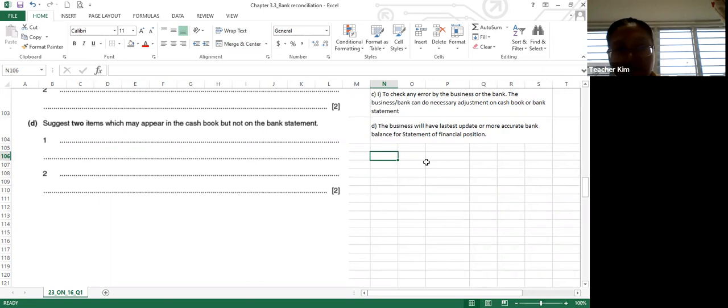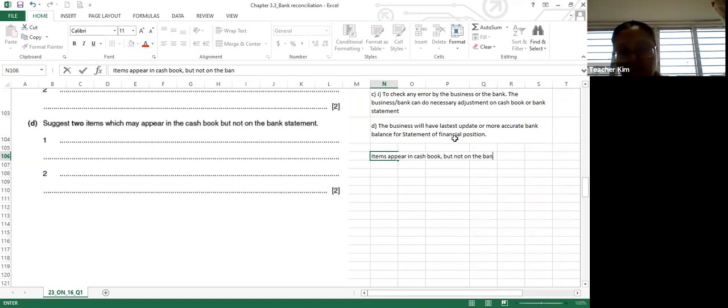To answer this question, first, items that appear in the cash book but not on the bank statement.